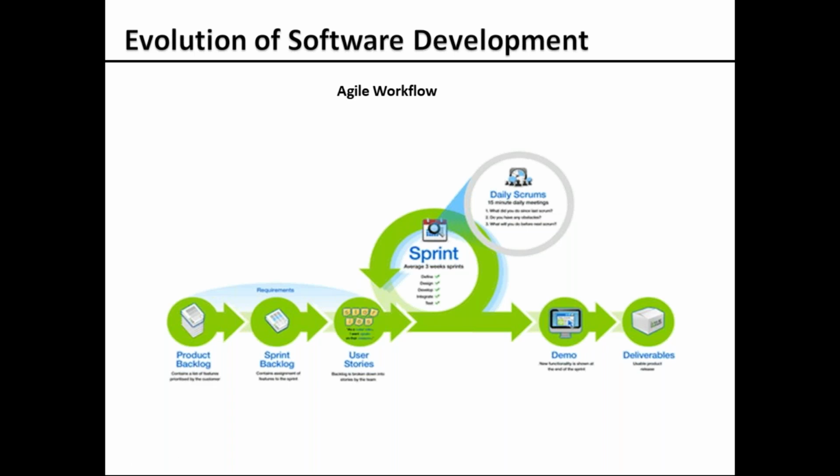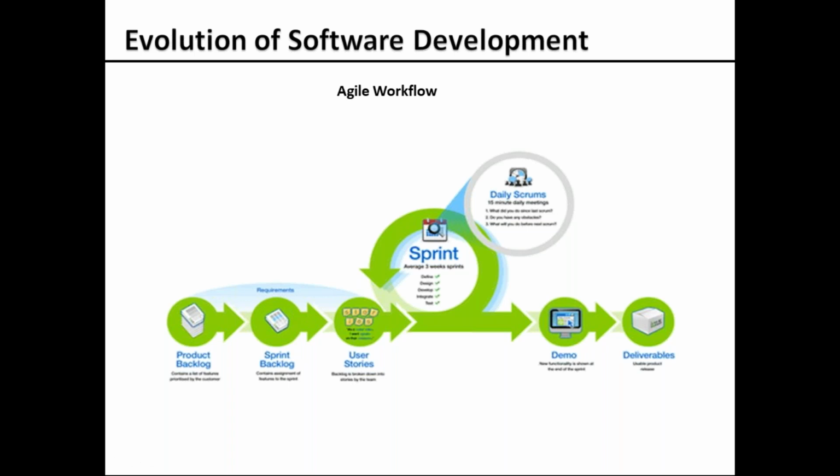We're going to pick only those and start working on them: design, development, testing, everything is done only for those three requirements. Those three requirements are put in a sprint, which is a small block of development.